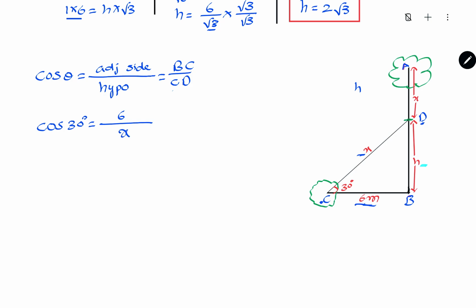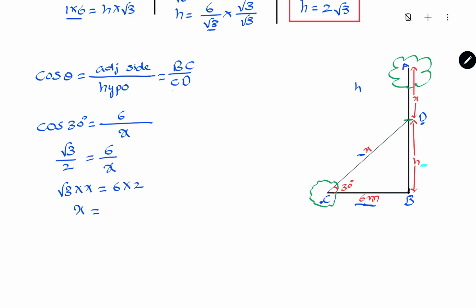Cos 30 is equal to root 3 by 2, which is equal to 6 by x. Now do cross multiplication. Then root 3 into x is equal to 6 into 2. Transpose this root 3 from LHS to RHS, then it will divide on the RHS.